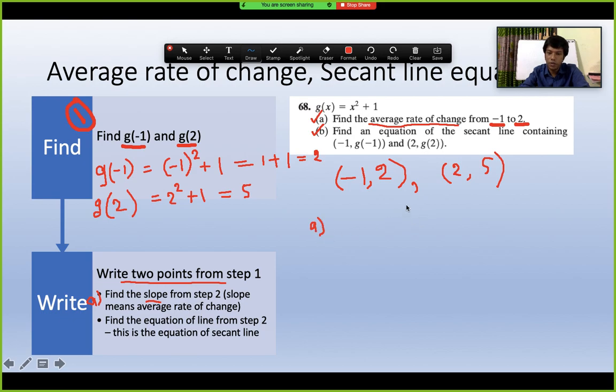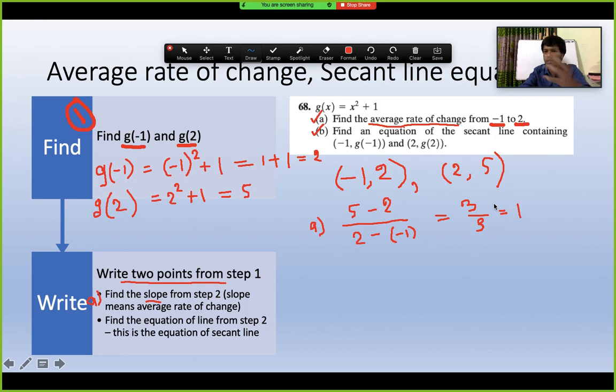How can we find out slope? y2 minus y1 divided by x2 minus x1. So y2 is 5 minus y1 divided by x2 minus x1. So this comes 3 divided by 3. In this case, the answer is 1.